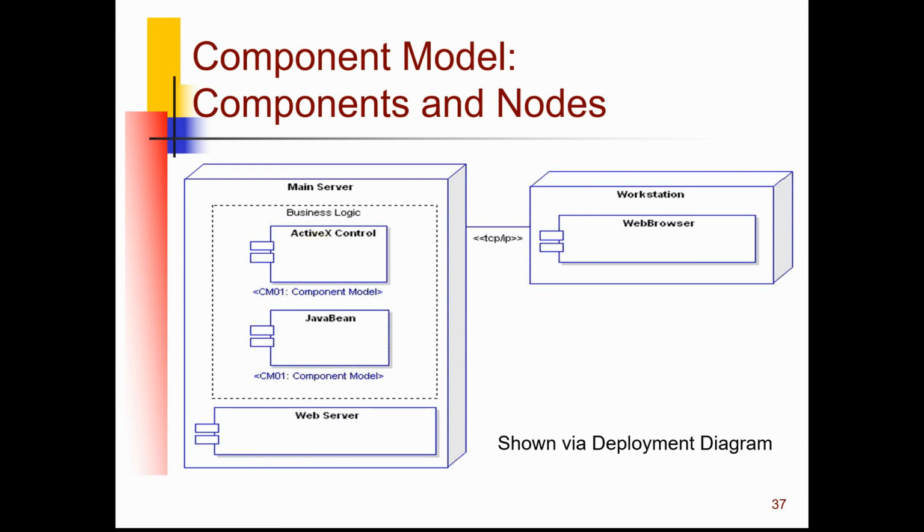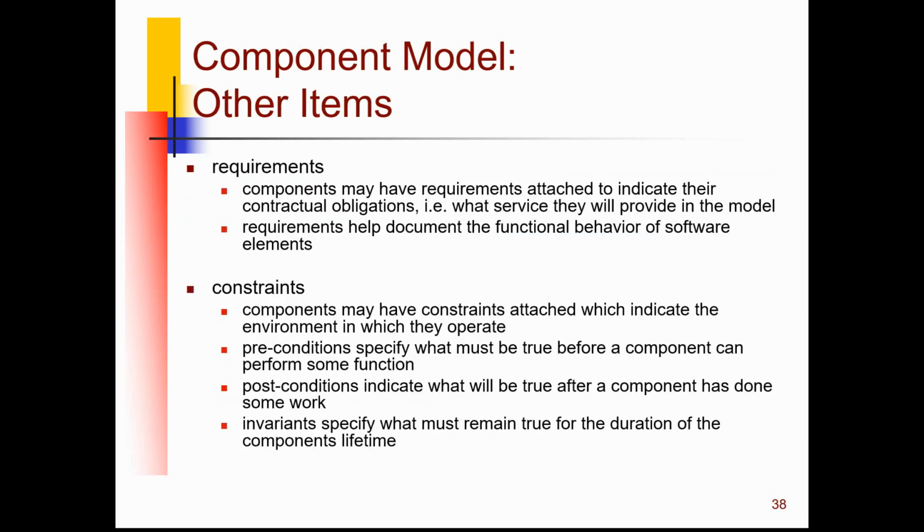On the surface, it's just like a use case diagram. When you click on use cases, there's a bunch of information you need to enter. It's similar for the component. On the surface it looks very simple, but when you double click on it, you can link this component to a lot of things, like a requirement. You can add a constraint, a precondition, postcondition, and the kind of constraint you have for the component.